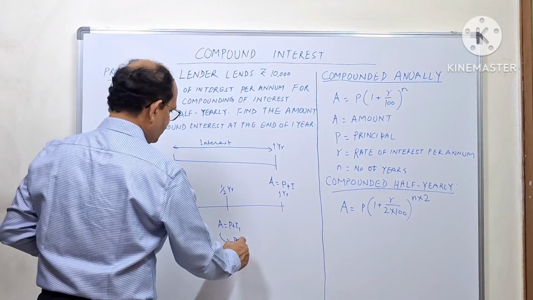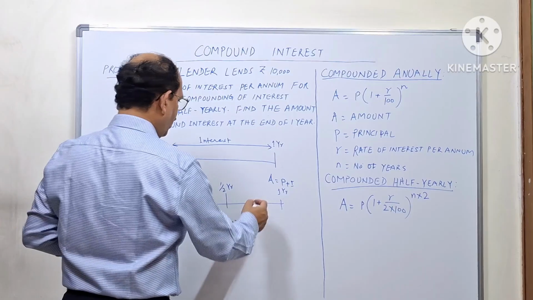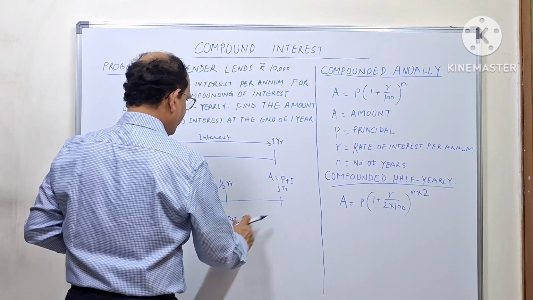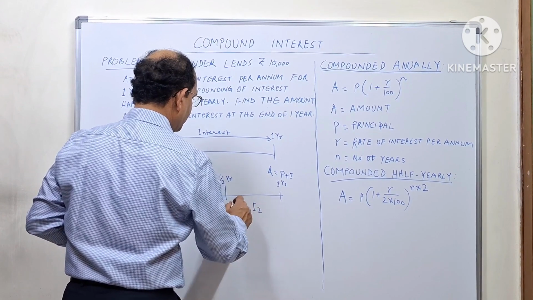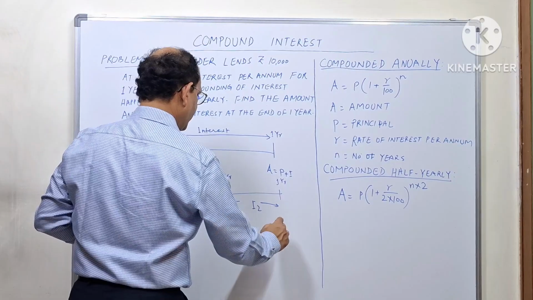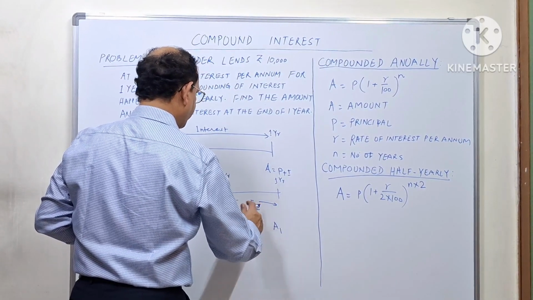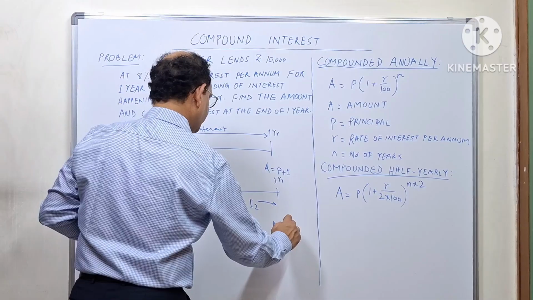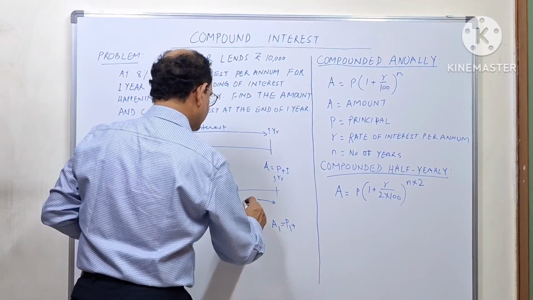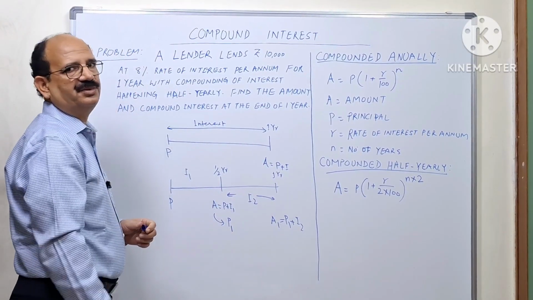Suppose this becomes the principal, say P1. You apply this P1 for this half year and calculate the interest I2 during this duration, and then you find the amount at the end of 1 year as the principal P1 plus the interest I2, whatever interest is earned during this duration.